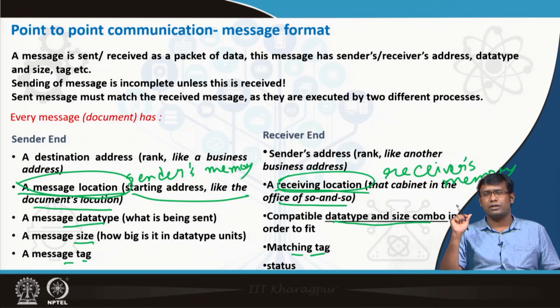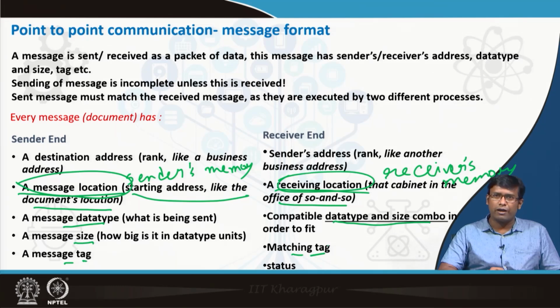So, a matching tag is required, like you are getting mails from the same sender, but you identify that these mails are for this particular purpose. Your boss has sent you 3 emails, and one email is regarding a publication, another email is regarding information about your last week's work, the third email is regarding some file in your cabinet which he wants readily.